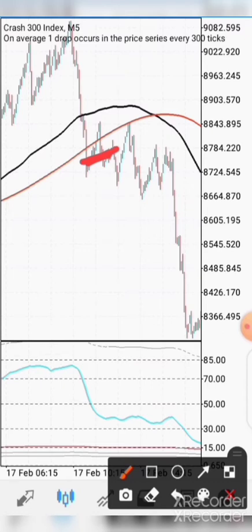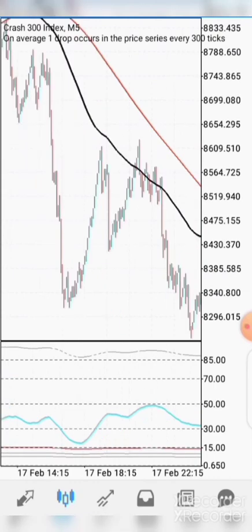And so long as this RSI has crossed your level 50, you can hold your trade. And if the black moving average has crossed the red moving average here, you can hold your trade. Now let's see what happens.